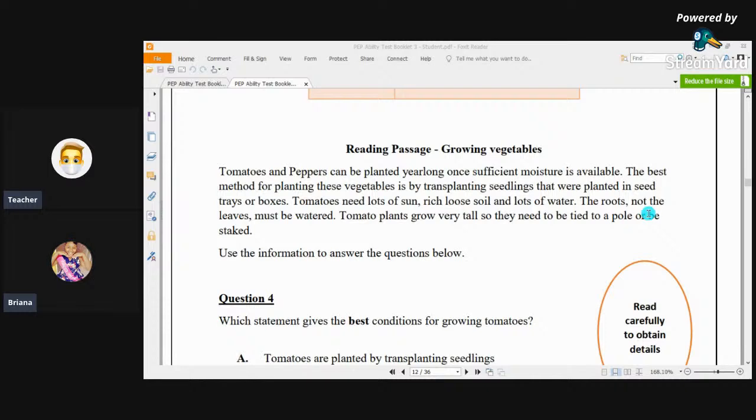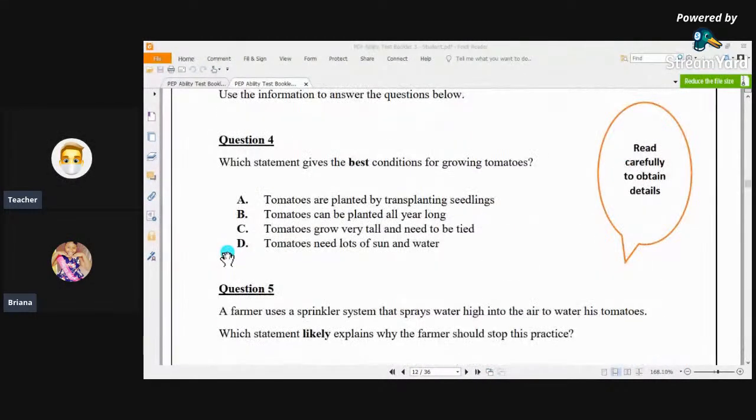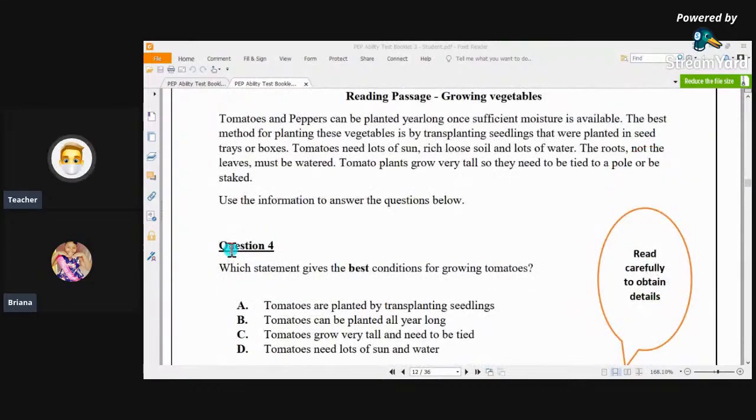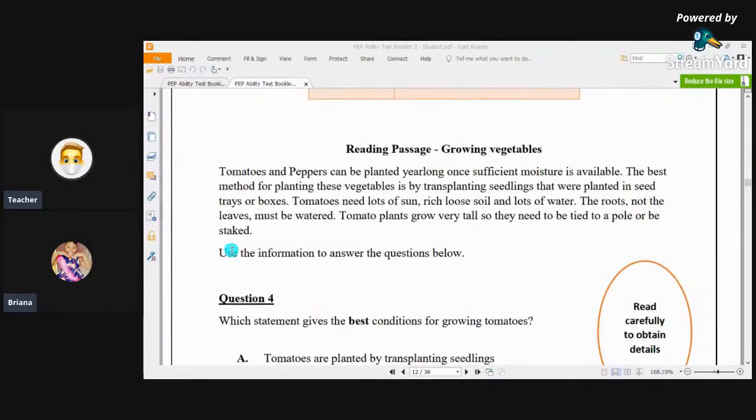The roots, not the leaves, must be watered. Tomato plants grow very tall so they need to be tied to a pole or be staked. Staked. All right. Now remember our strategy again. We need to read it not once, we need to read it more than once.